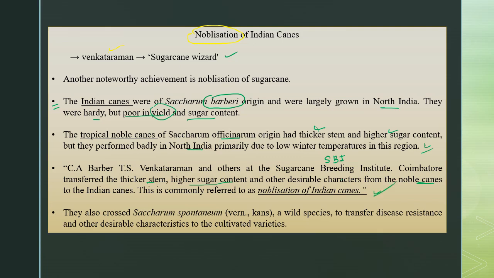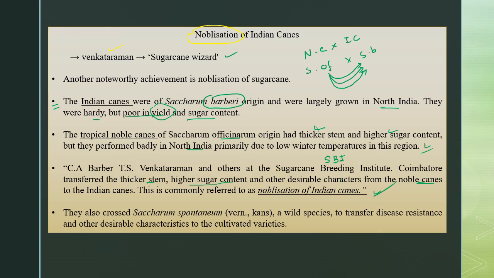That we call the nobilization of sugarcane. That means they crossed the noble cane with the Indian cane, Saccharum officinarum with Saccharum barberi, and transferred desirable characters like thicker stem and high sugar content into the Indian canes, and that is what we call the nobilization of Indian canes.